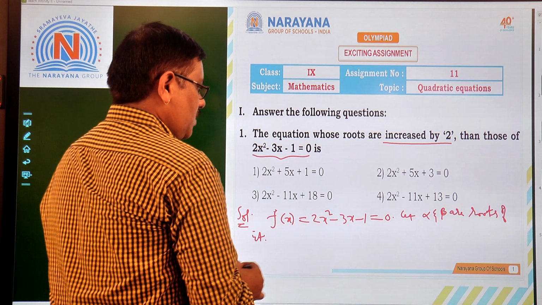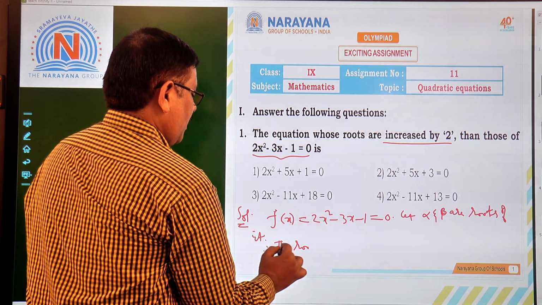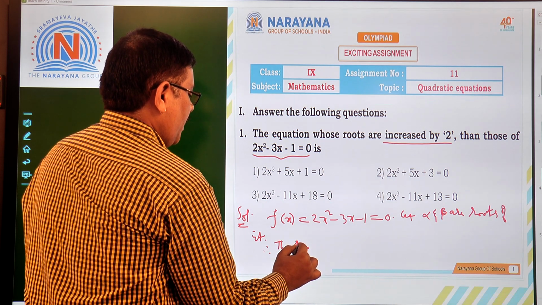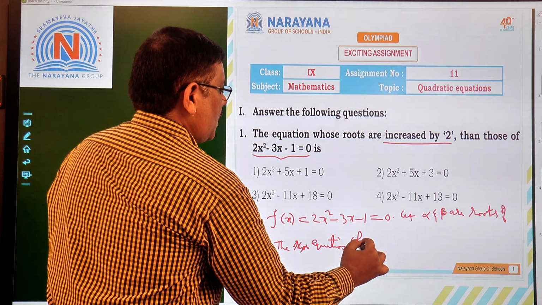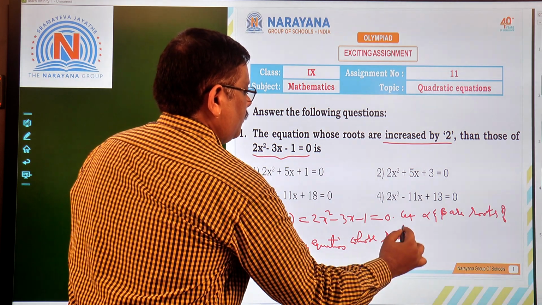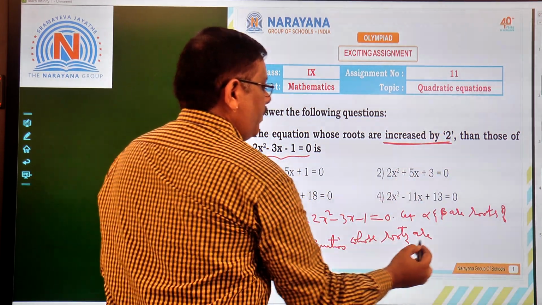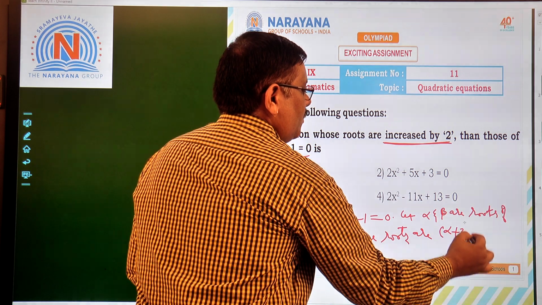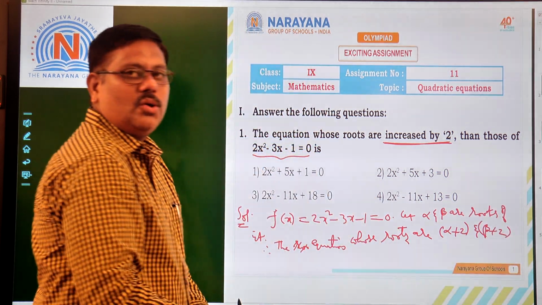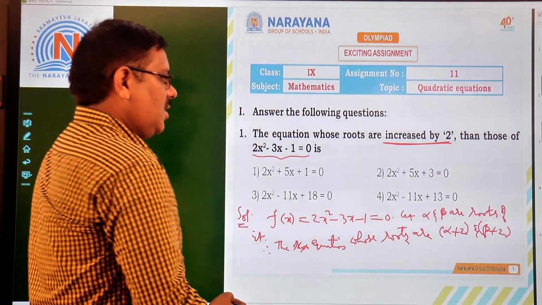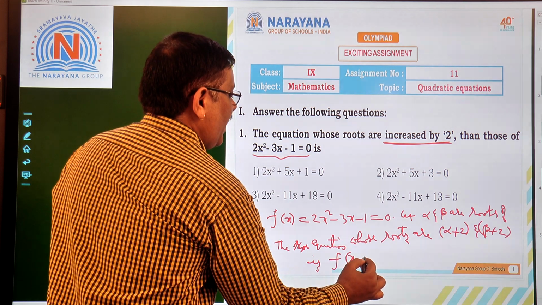If alpha and beta are roots of it, therefore the equation whose roots are, what is he saying? They are increased by 2, means alpha plus 2 and beta plus 2.